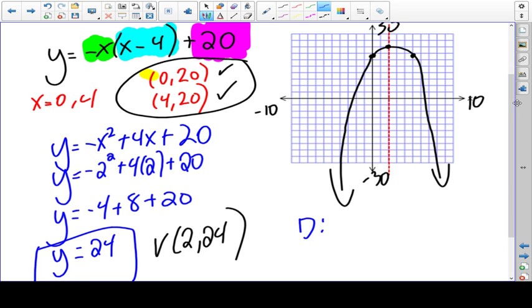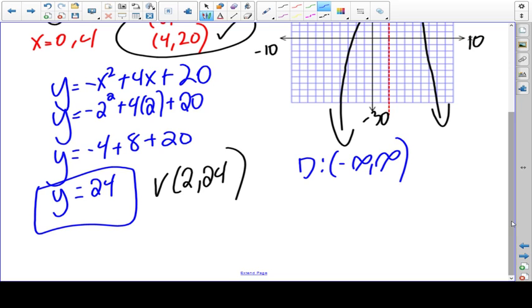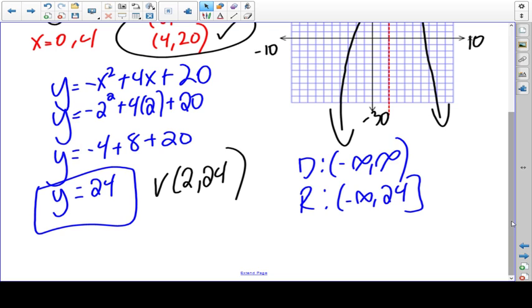Negative infinity to infinity for any quadratic function. What about the range? Negative infinity to 24. Got to put a square bracket on 24 because the function can assume the value of 24. That's the domain and range of this quadratic function.